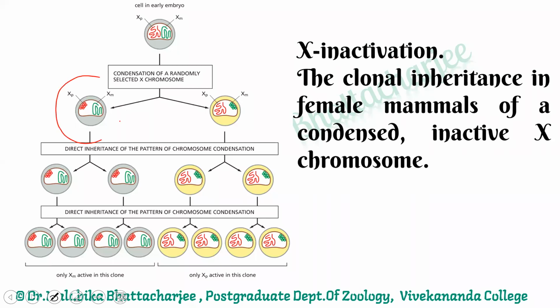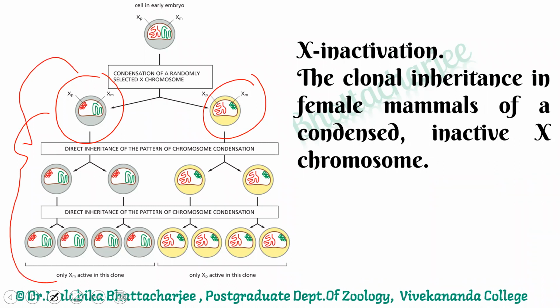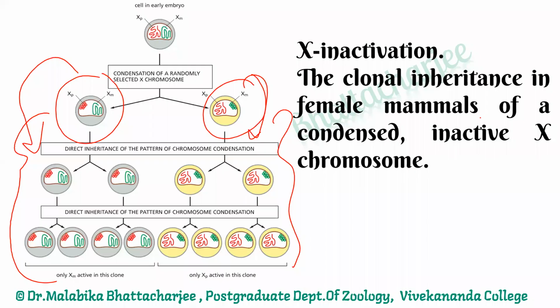For example, in this case, the red X is inactivated, that is the paternal X. And in this case, the maternal X, the green one, is inactivated. Once this decision has been made, all the cells coming out from this one have their paternal X inactivated, and all the cells developing from this one have their maternal X inactivated. So this is how X inactivation occurs.